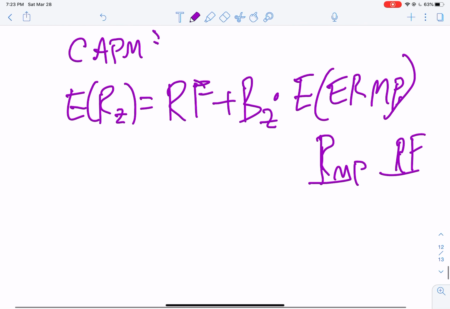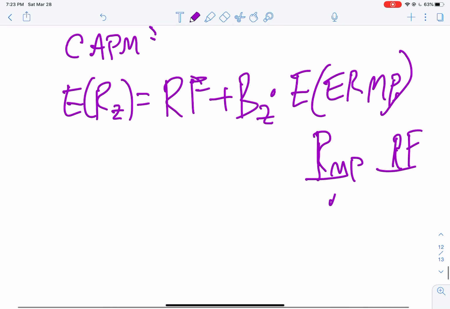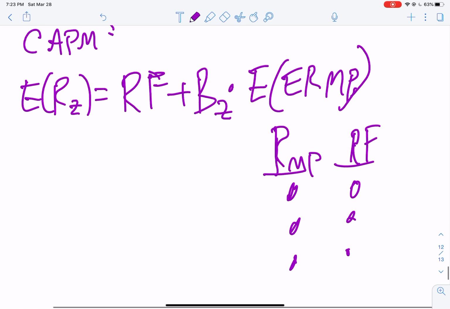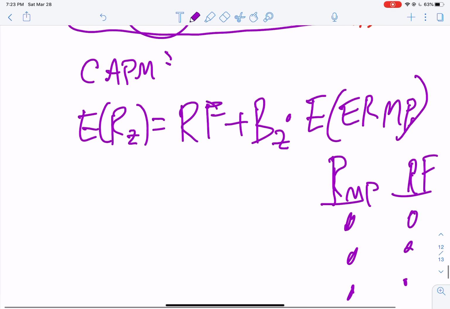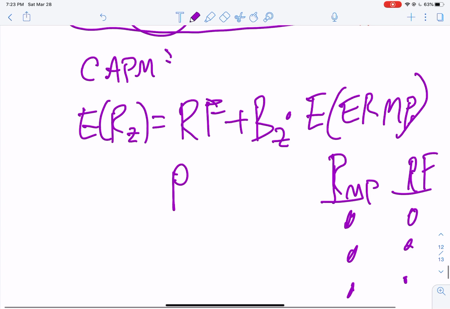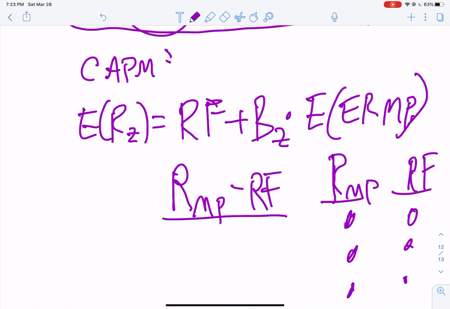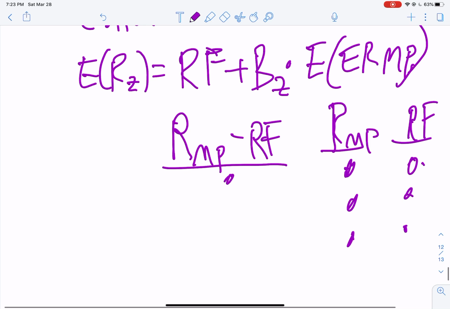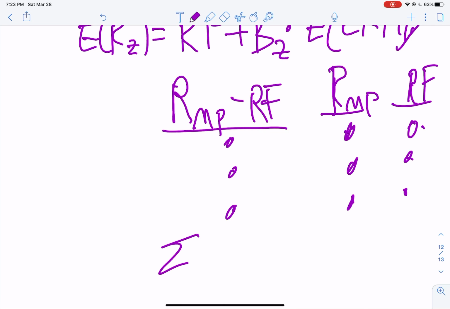Then you observe these values, right? You get the data, and then you create a new column, a new variable. It's the return on the market portfolio minus the risk-free rate, so it's just this minus this, and then you get new data, and then you sum them and divide by n.